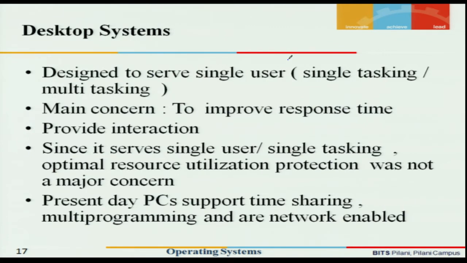So the desktop systems were designed with a different objective. They were designed to improve the response time, to provide interaction, whereas we've seen that the batch systems did not offer any kind of interaction to the user.